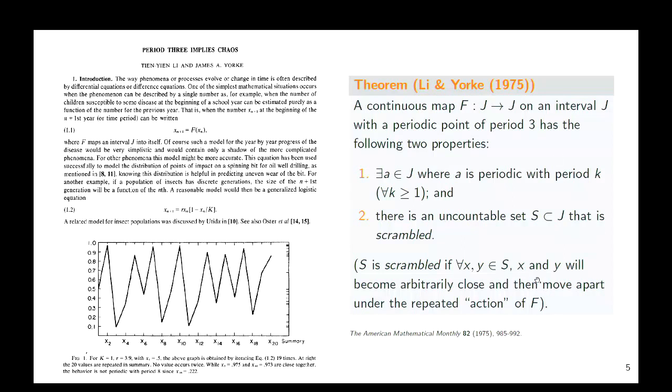So points within the interval become close together and move apart. Imagine it kind of like mixing up an omelette or something, right? You've got a mixing vat, you put 2 jelly beans in it, you mix it up, the jelly beans spread out, come back together, spread out, come back together, over and over again. That's scrambled. So it's scrambled in the sense of scrambled eggs with 2 jelly beans. So that's the definition of chaos according to Li and Yorke.